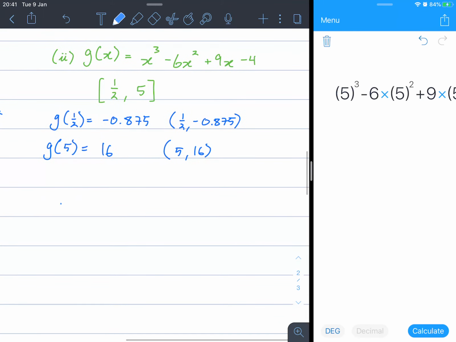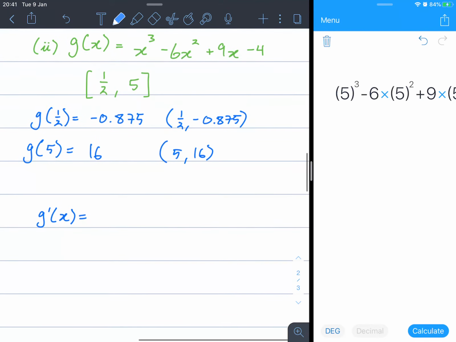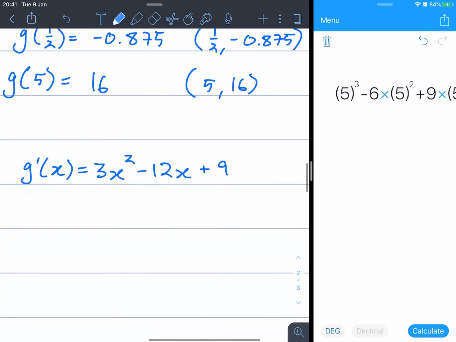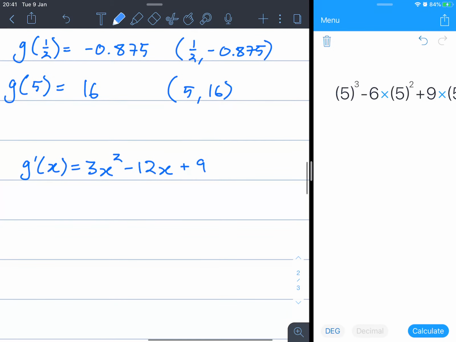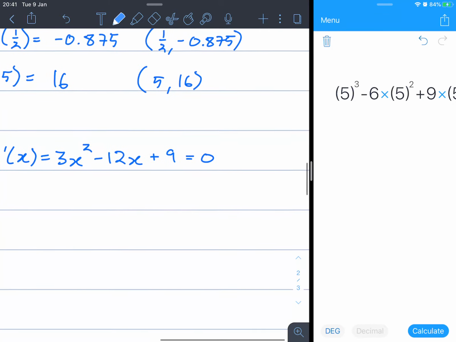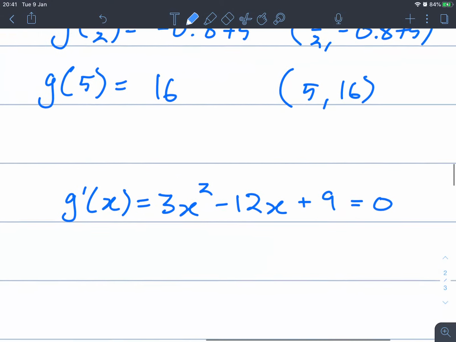So for this, let's find the derivative. g prime of x is equal to 3x squared minus 12x plus 9. Let's solve this for 0. I'm going to divide everything by 3 first.